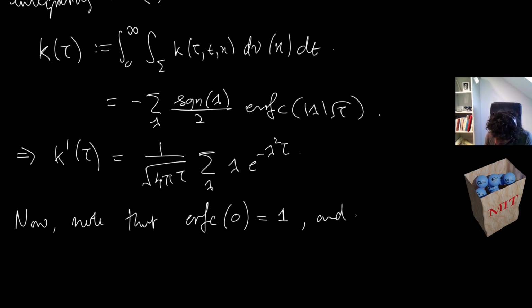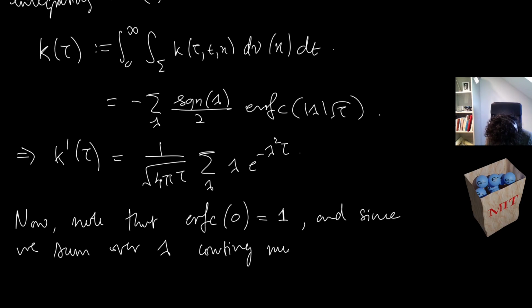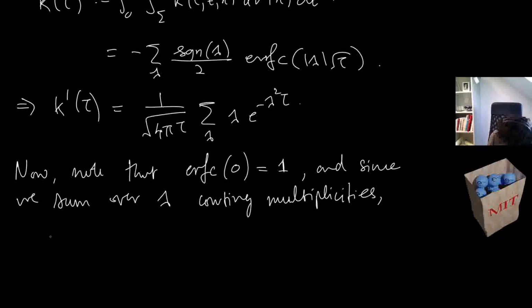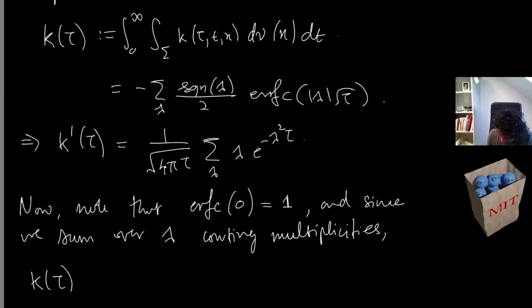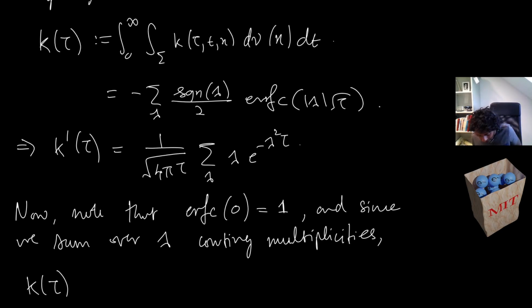And since we sum over lambda counting multiplicities, the k tau is what? So it's equal to this signum.